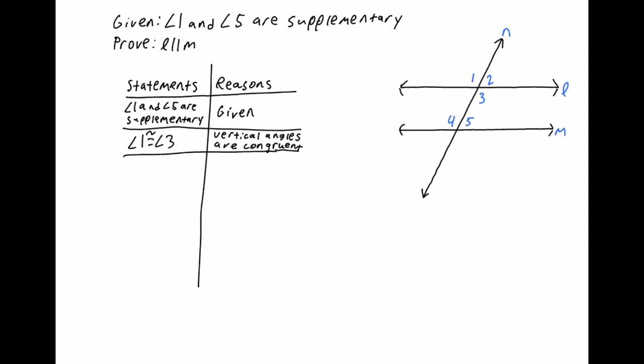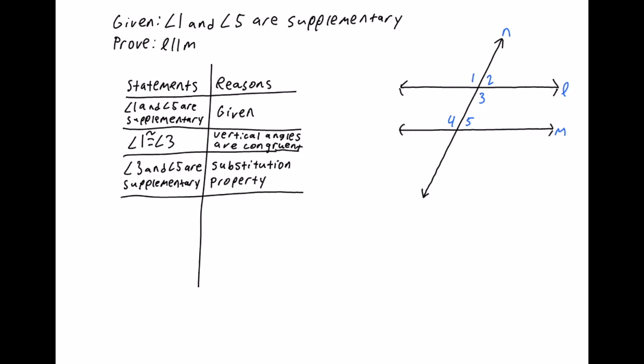So now that angle 1 and angle 3 are congruent, we can say that angle 3 and angle 5 are supplementary. And the reason for that is substitution. Since we said angle 1 is congruent to angle 3, we substituted angle 3 for angle 1 to say angle 3 and angle 5 are supplementary. So using the substitution property, we can say angle 3 and angle 5 are supplementary.